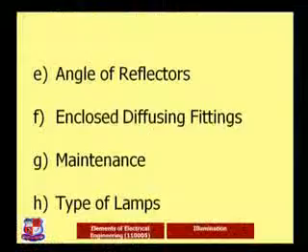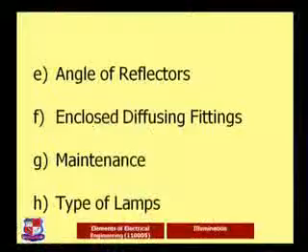Angle of the reflector: at whichever angle we want to reflect the light, if illumination is required, we can use the angle of the reflector, which can divert that light to that particular location or angle with respect to our requirement or application. Enclosed diffused fitting: diffusing concentration or uniform light is required, but the enclosed one is there. So the light is going to be uniform in one particular area.